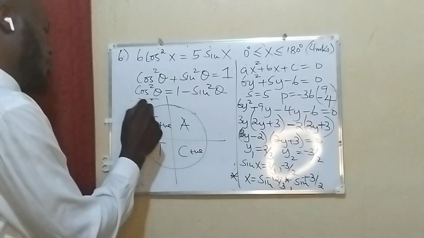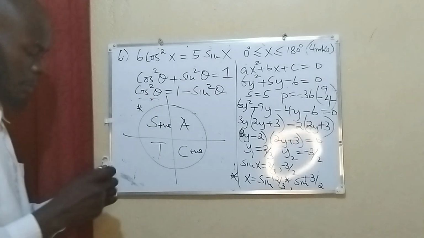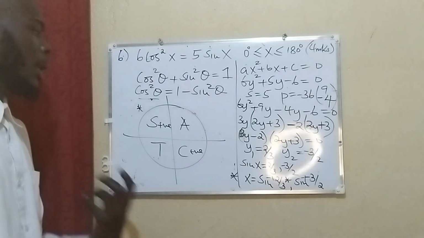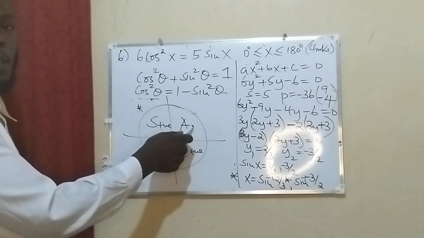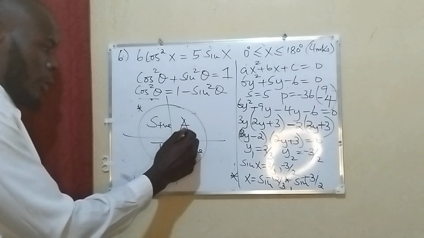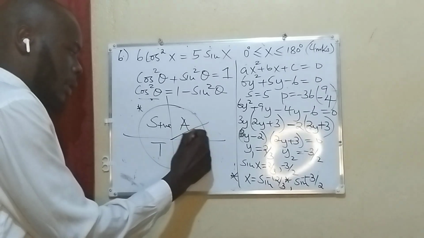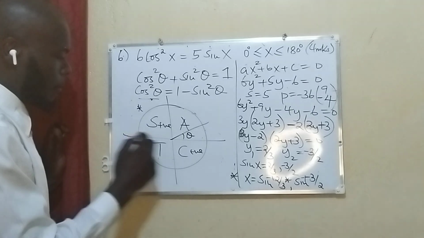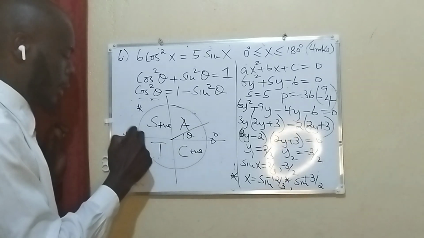So if your angle, the sine inverse, lies in the first quadrant, it means another value also lies in the second quadrant. If your angle theta is, let's say, 30 degrees, then here is 0 degrees, here is 180.